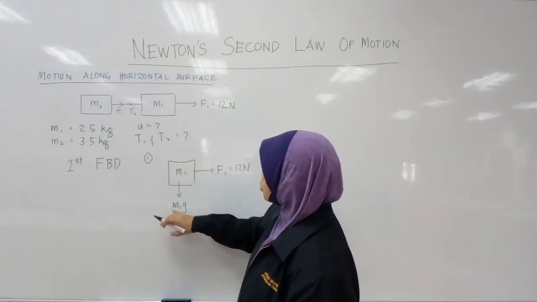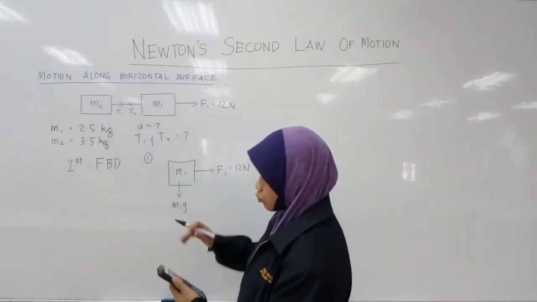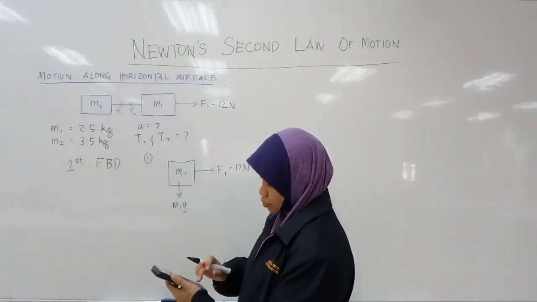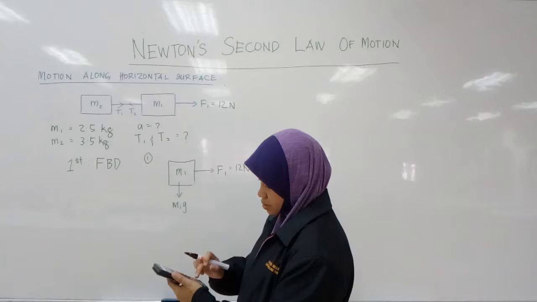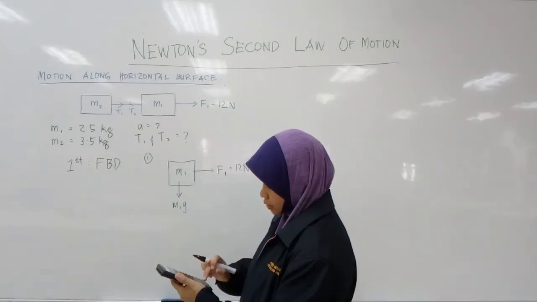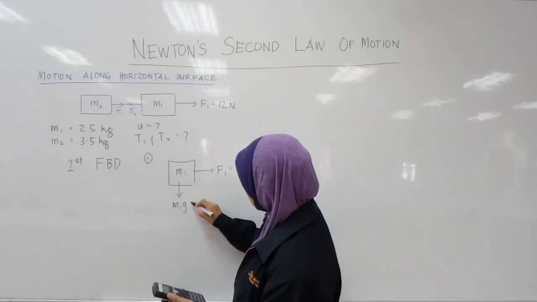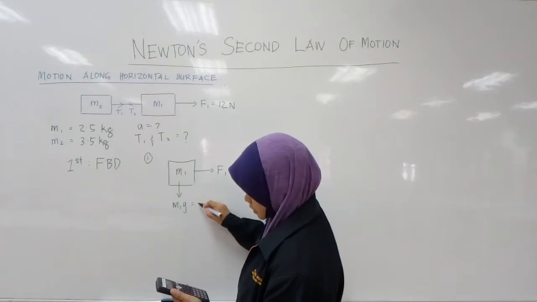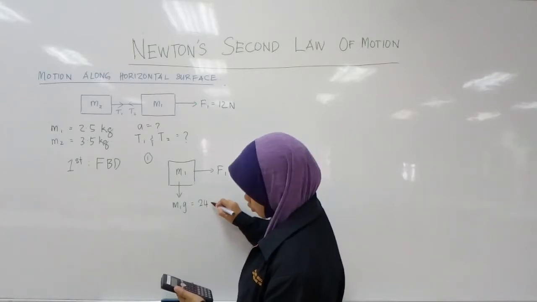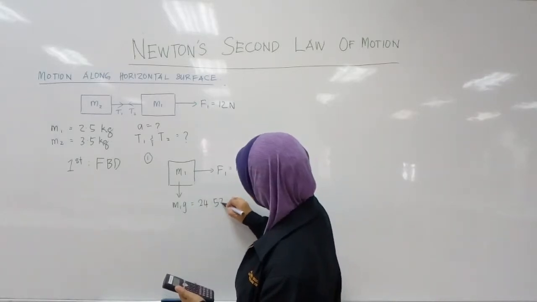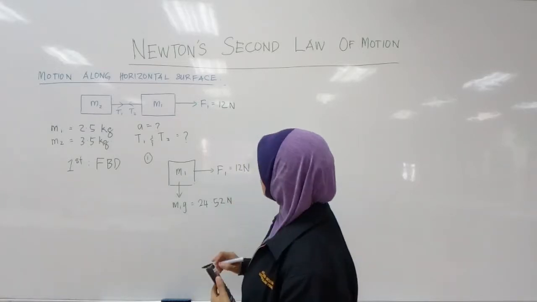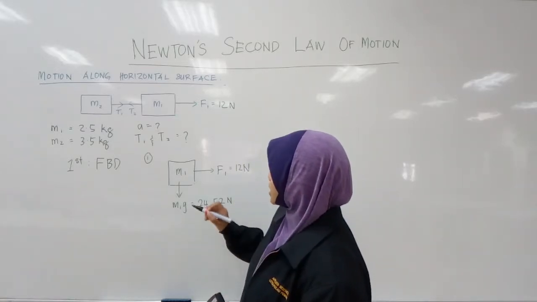M1g is 2.5 times 9.81, so the value of M1g is 24.52 Newton.